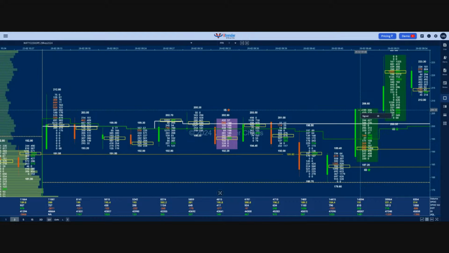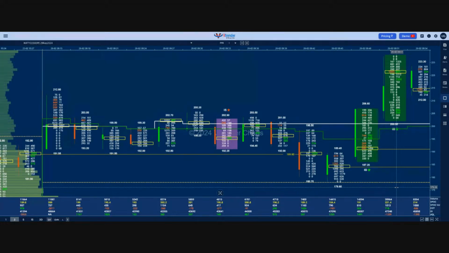Even if you're looking at taking a trade at 206, your stop loss would be the POC of this bar, which is at 184. Once you have this, what will be your targets? You can have your targets based upon either your stop loss or on the other references, which is the IBH, the initial balance high, or the POCs which have not been tagged on the upside.